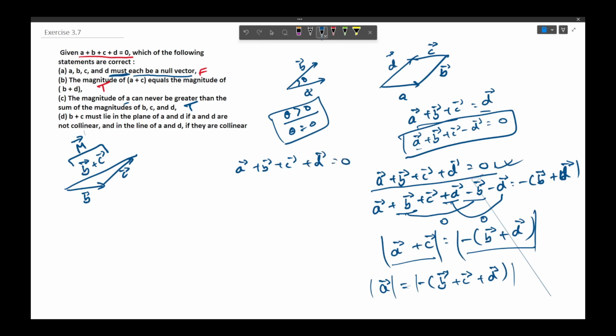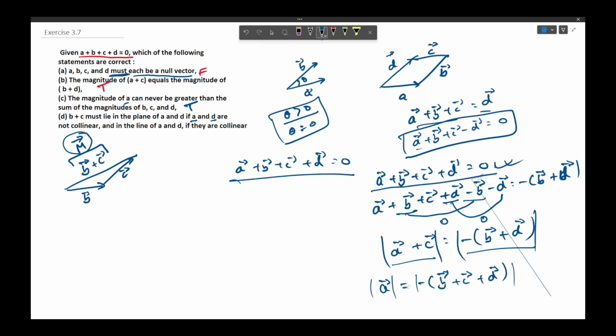This has to be true. So the condition says that vector M must lie in the plane of A and D if A and D are non-collinear. So now we have vector M, vector A and vector D, and it is being said that they must lie in the same plane for this condition to be true.